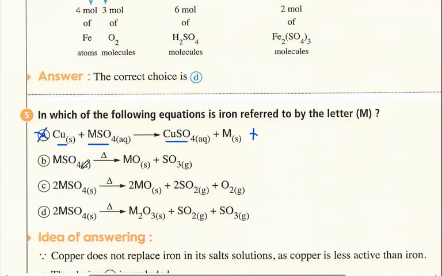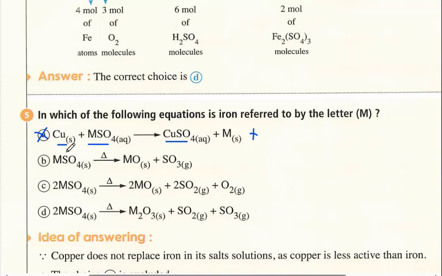M sulfate forms MO and sulfur trioxide. We know that iron 2 sulfate is from the methods of preparation of ferric sulfate. 2 moles of iron 2 sulfate strongly heated form sulfur dioxide, sulfur trioxide, and ferric oxide.